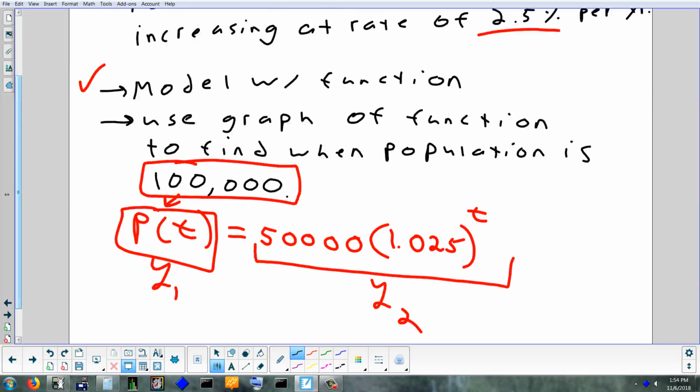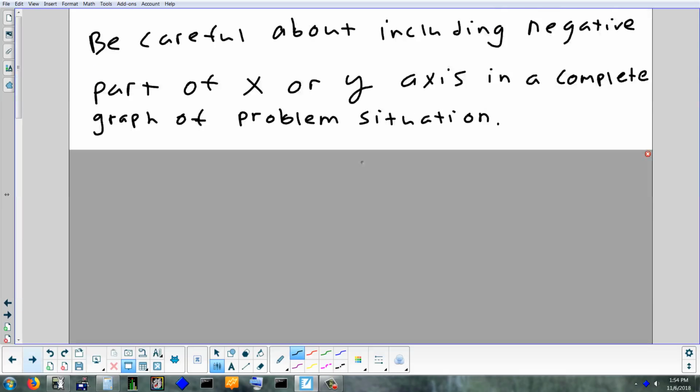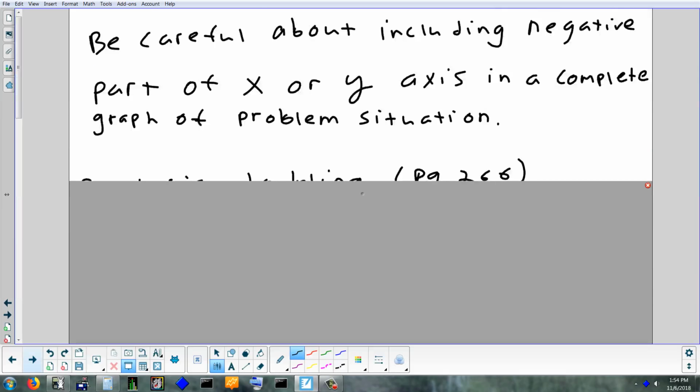Henry? You'd be looking for t, and how visually, where would t be? Yeah. The intersection. So as of now, you would find an intersection. Later on, I'll show you how to do it with algebra, but that's another day. Always be careful with negatives, whether they make sense or not.